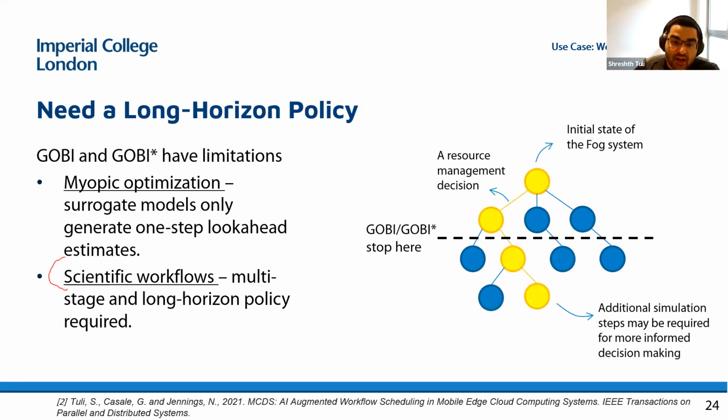And we might need to run additional simulation steps to make a more informed decision, which we refer to as a long horizon policy. And we need to use these multi-step simulation estimates to ensure that the quality of service estimates from the surrogate model are informed by those QoS traces from these co-simulators to allow avoiding local optima and perform long-term optimization.